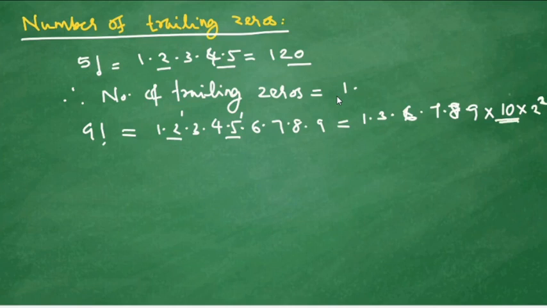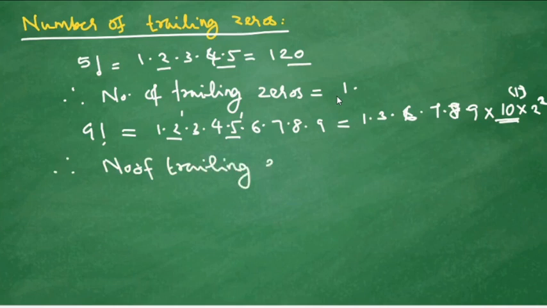The highest power of 10 in 9 factorial is also 1. So without calculating 9 factorial, we can say that the number of trailing zeros in 9 factorial is again equal to 1.